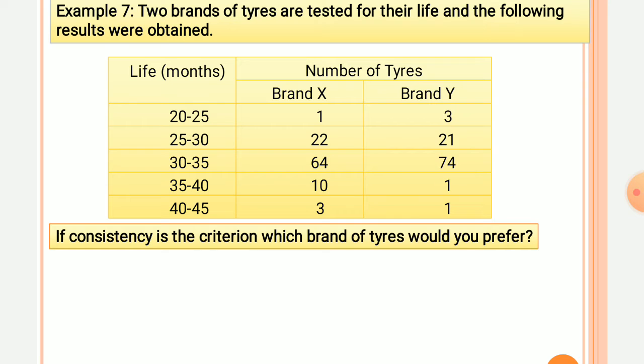So here this problem is based on the continuous series, and we have to compute the coefficient of variation, and we have to interpret the result based on the values of the coefficient of variation, and we have to say which type of tires to prefer if consistency is the base.